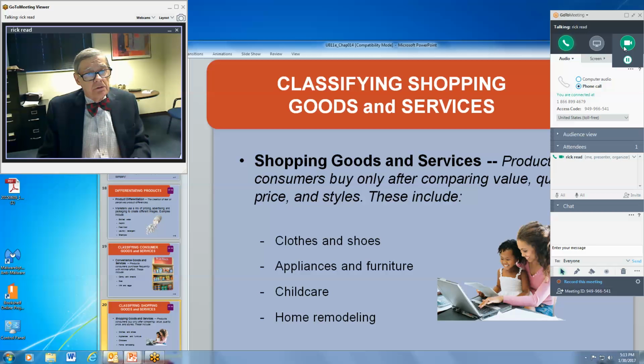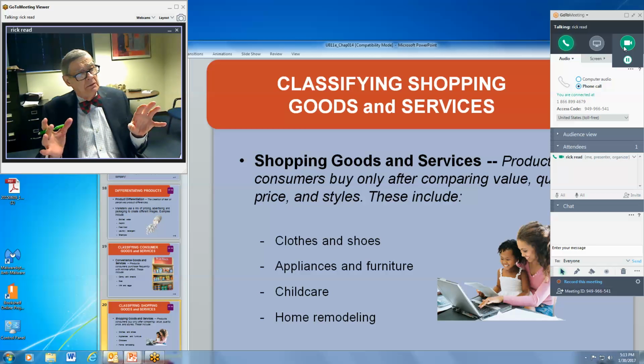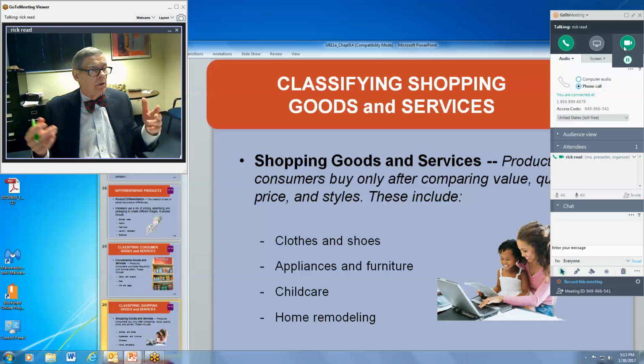Shopping goods and services are things that people buy, but only after comparison, a comparison of some kind of value. Things that fall into that category are appliances, clothes, shoes, things of that nature. I mentioned home remodeling.